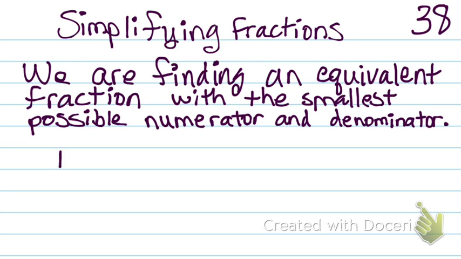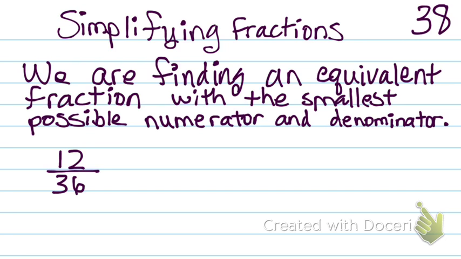Let's say that we have 12 over 36. This fraction has a reasonably big numerator and denominator. It doesn't have to be big numbers. It's just bigger numbers than is the simplest possible form.